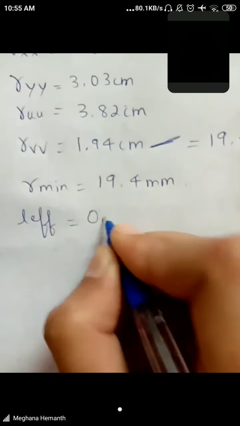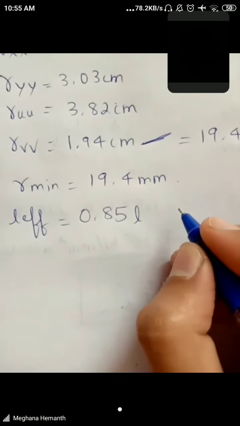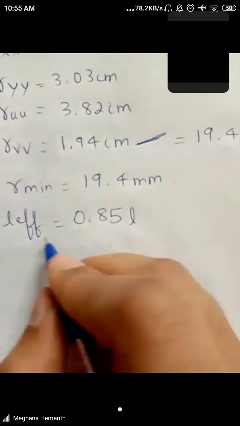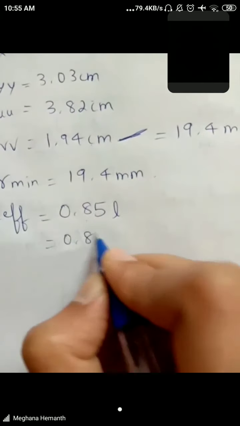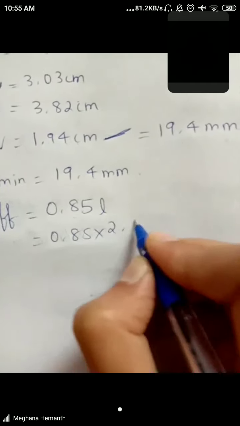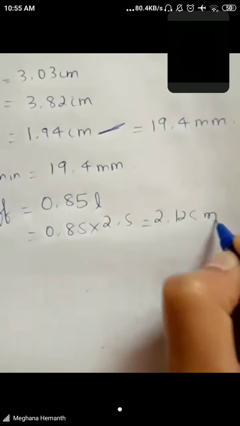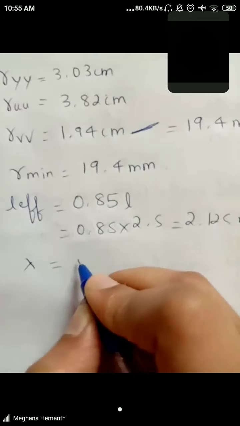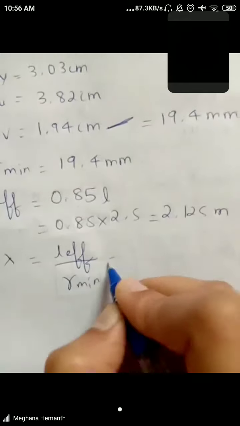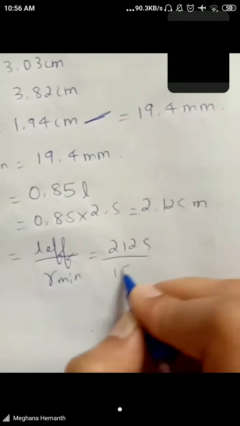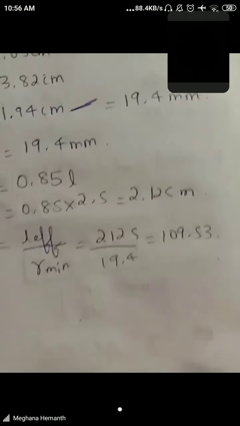So whenever you use the condition of greater than one bolt, the formula becomes L effective equals 0.85 times your L. So 0.85 into the length of 2.5 will be equal to 2125 in terms of mm. Then you can find out your slenderness ratio as L effective divided by gamma minimum. So 2125 divided by 19.4 will give you 109.53 as your slenderness ratio.